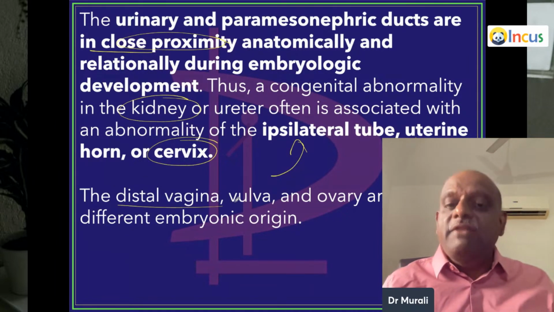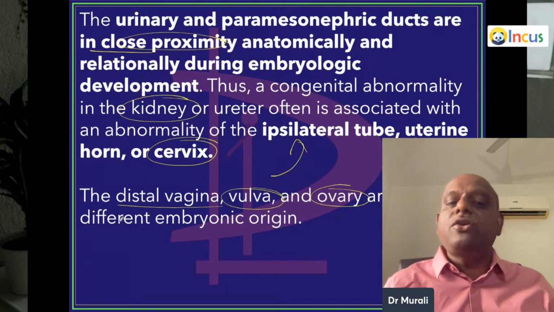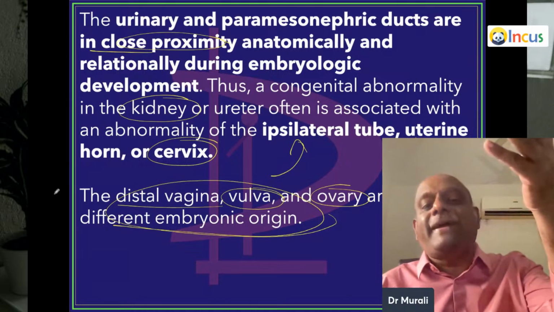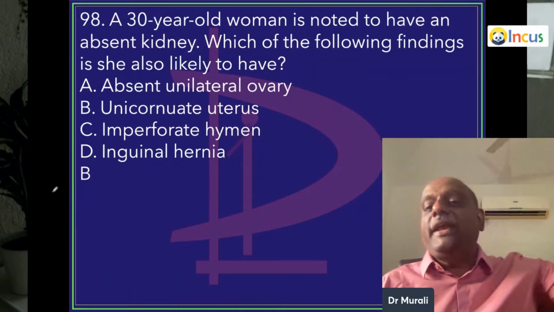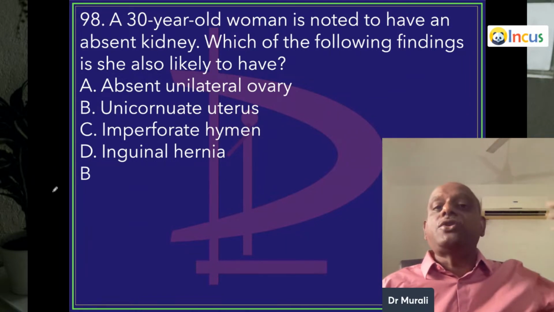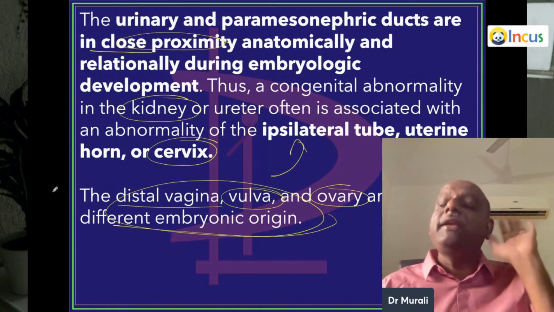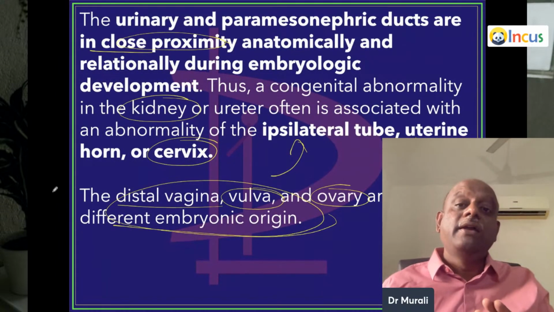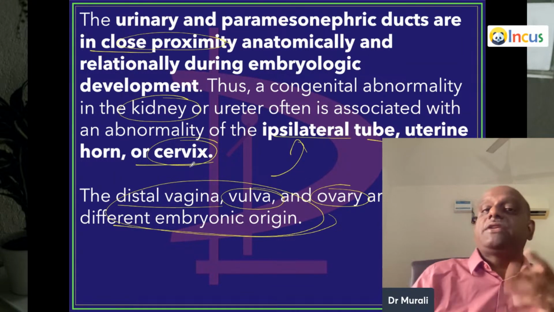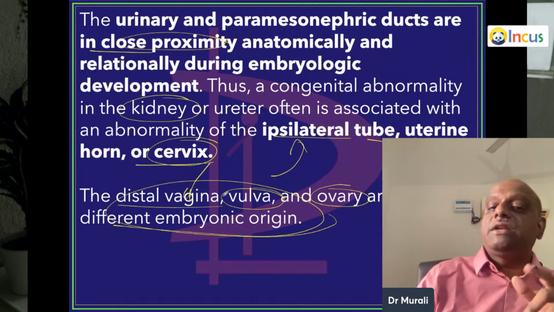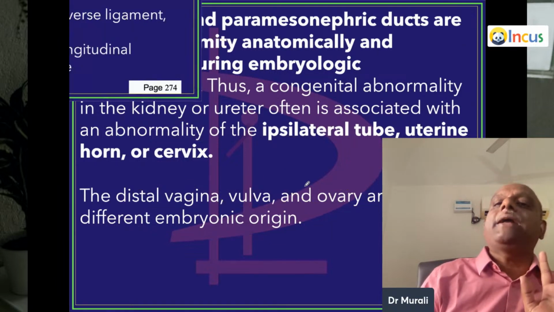Whereas distal vagina, vulva, ovary, they are not from the paramesonephric duct. So that's the reason they won't get affected whenever there is any abnormality in the urinary system. So simply asking, what are the derivatives of paramesonephric duct? Fallopian tube, uterine horn, cervix, they are all derivatives, not distal vagina, vulva, or ovary.